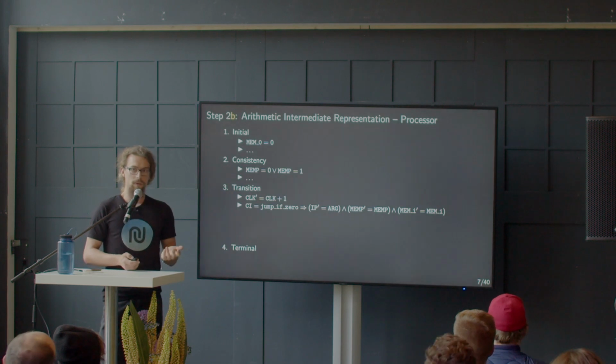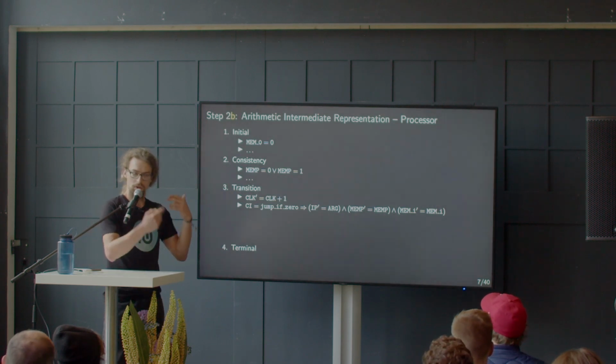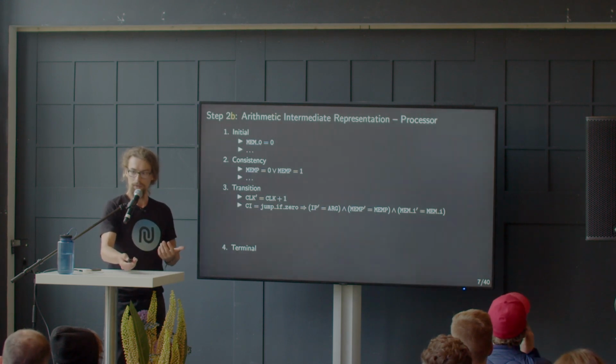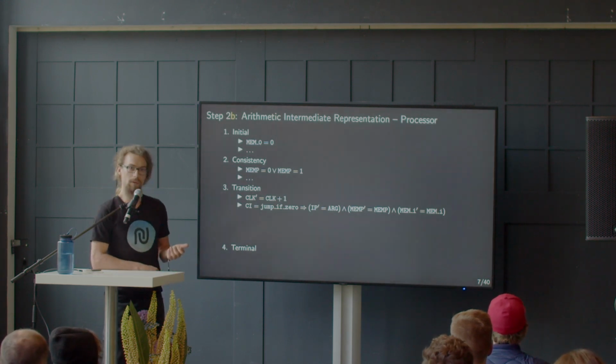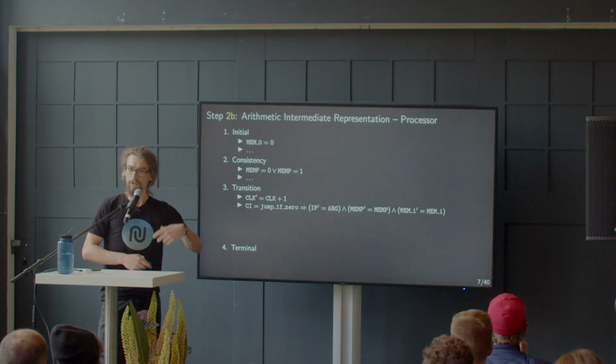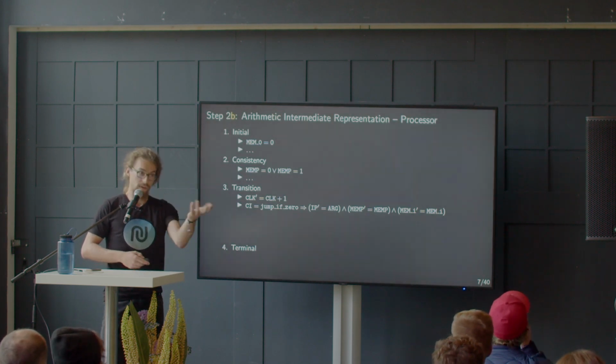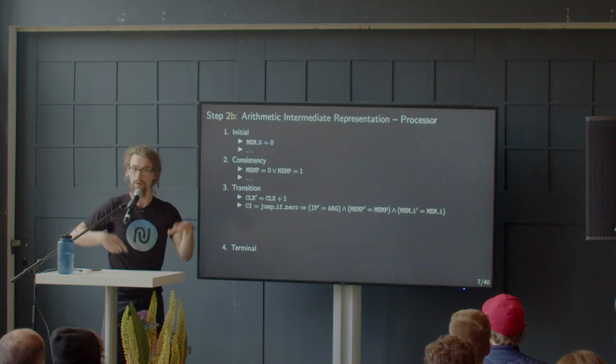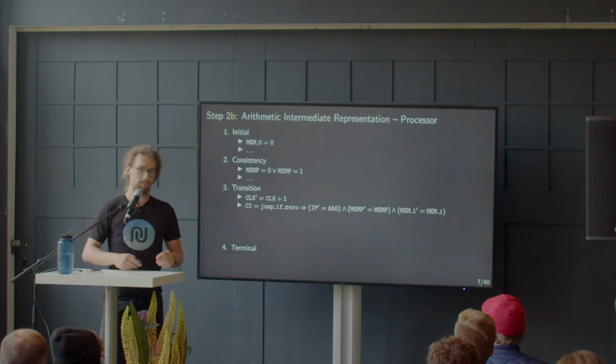So for example, if the current instruction is jump if 0, then the stuff that you would expect to happen should happen. For example, the instruction pointer is set to whatever the argument is. And memory consistency, we need to take care of that, right? The memory doesn't magically change.